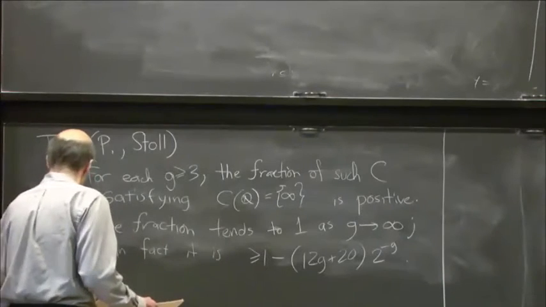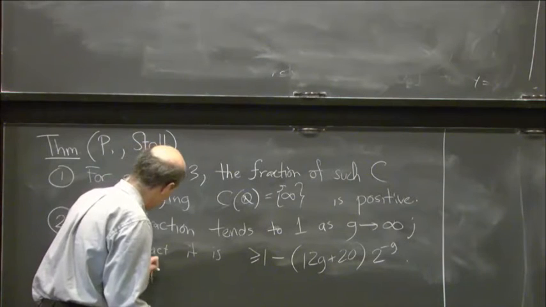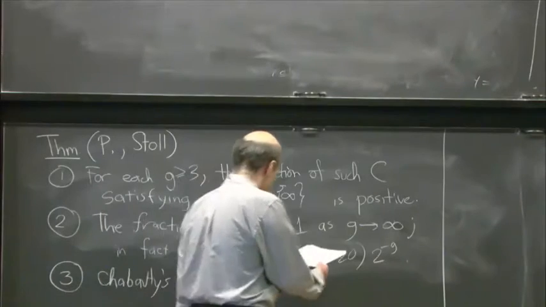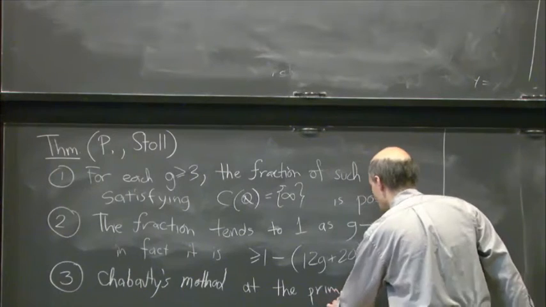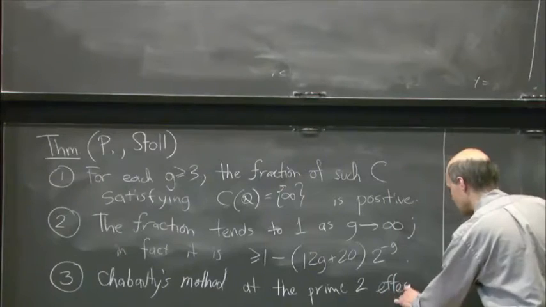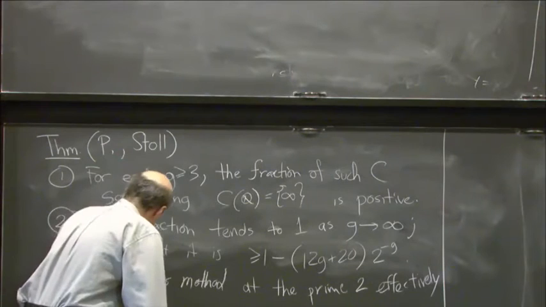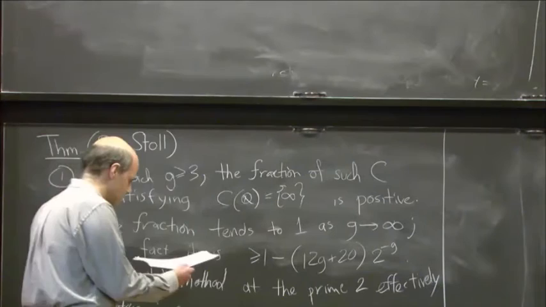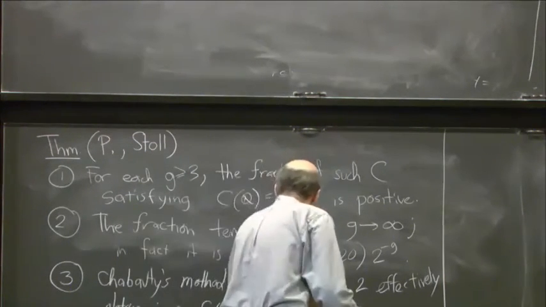The third thing is that there's a p-adic method called Chabauty's method, which you can do at any prime, but I'm going to apply it at the prime 2. The claim is that this method effectively determines the set of rational points for such a positive fraction. This method shows that there are no other rational points.